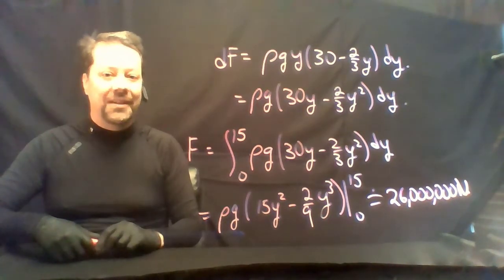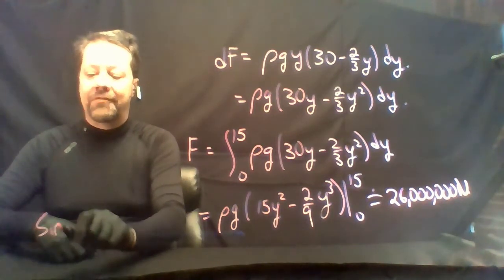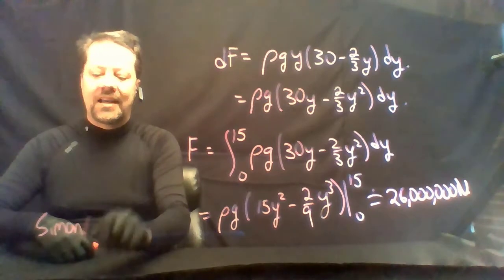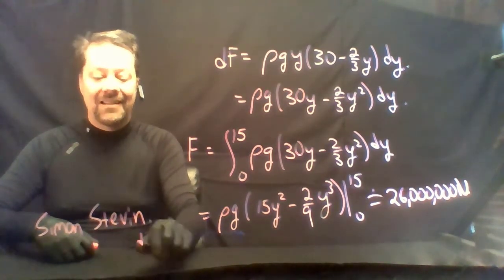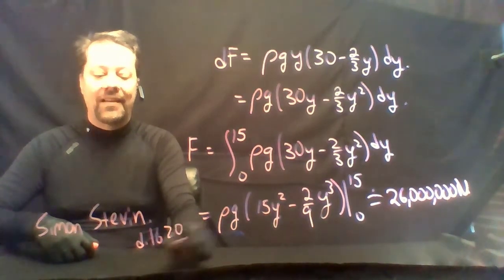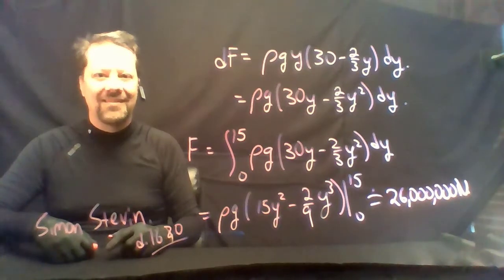This method for calculating the fluid force on a dam was first invented by a Flemish engineer, Simon Stevin, who died in 1620, long before Sir Isaac Newton was born.